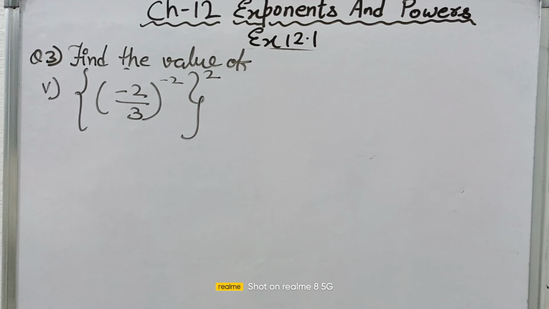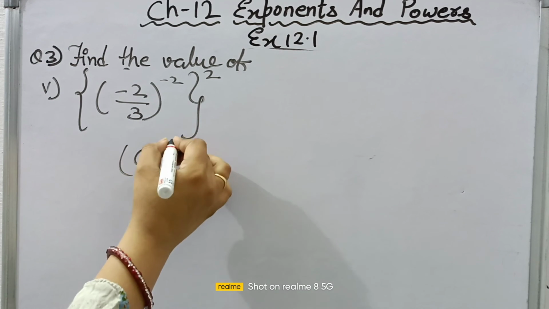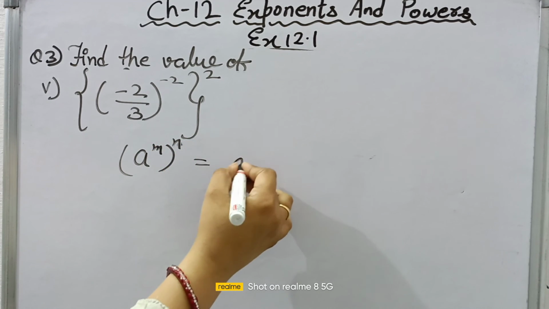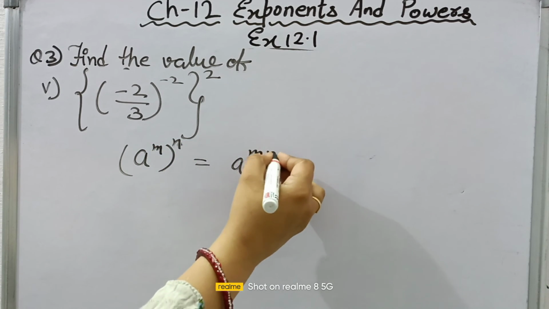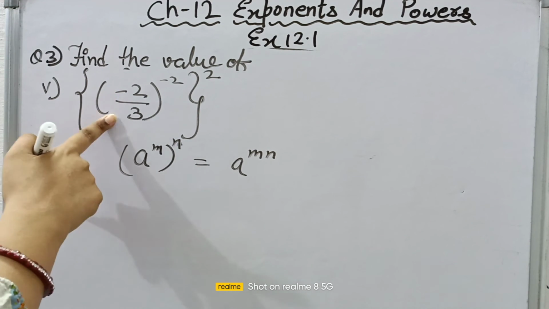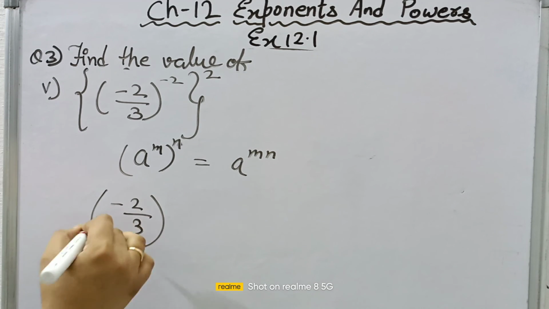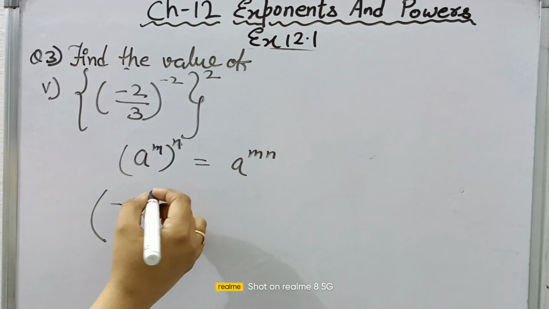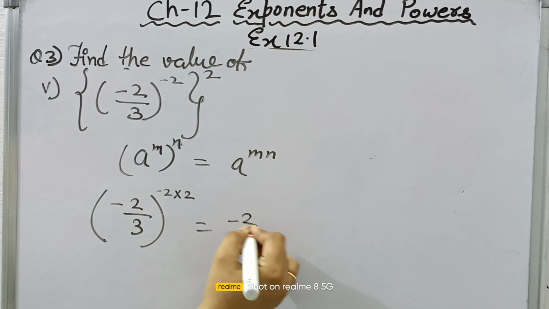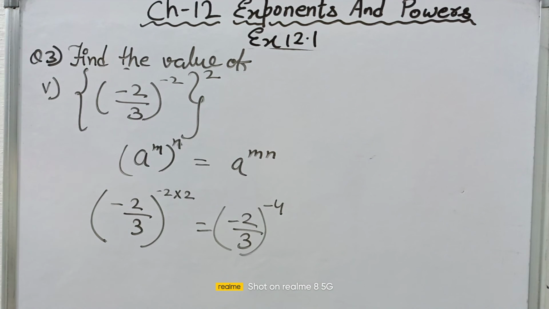Now how will we solve it? We know (a raised to the power m) whole raised to the power n is equal to a raised to the power mn. So we can apply this law in this expression. We will write (-2 upon 3) whole raised to the power -2 multiplied with 2. This becomes (-2 upon 3) whole to the power -4.